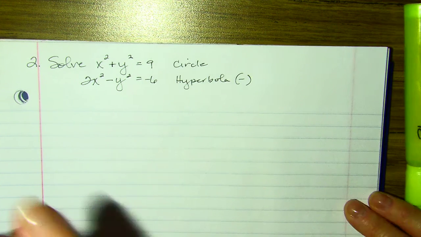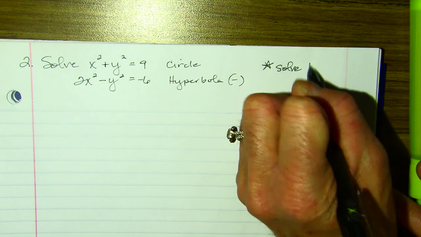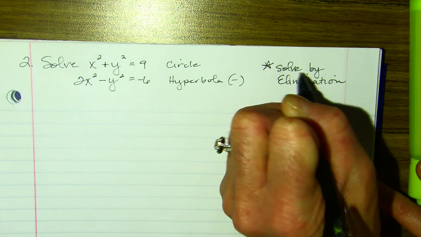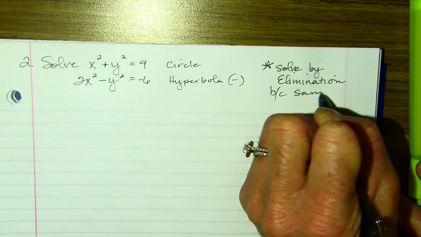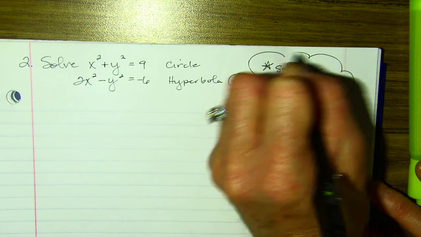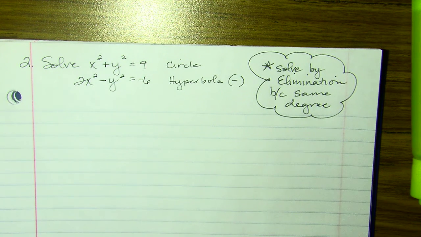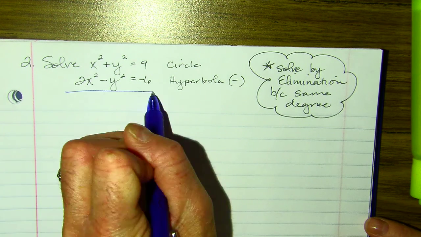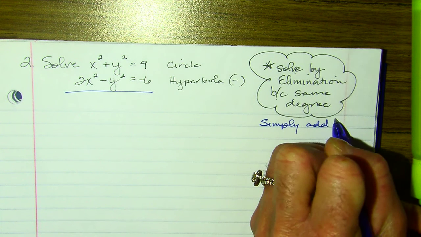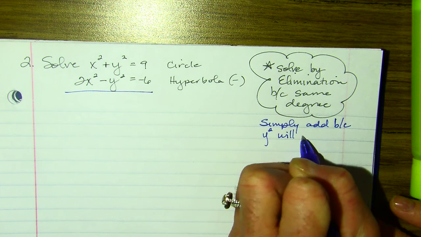Now, to solve these, substitution would be ridiculous. So solve by elimination because they have the same degree. Notice these are both x squared, so I can simply add them because y squared will eliminate.